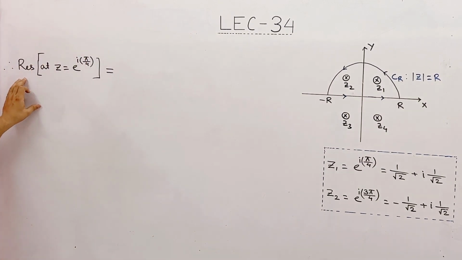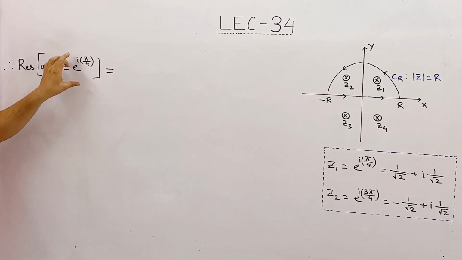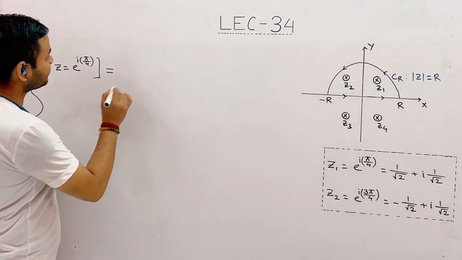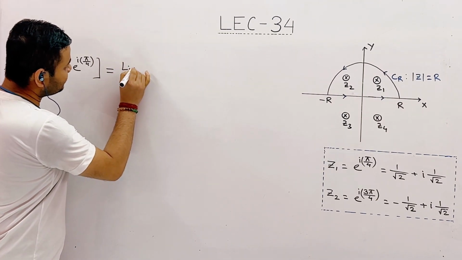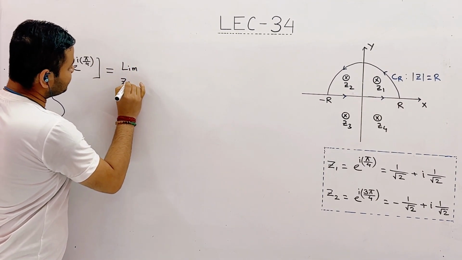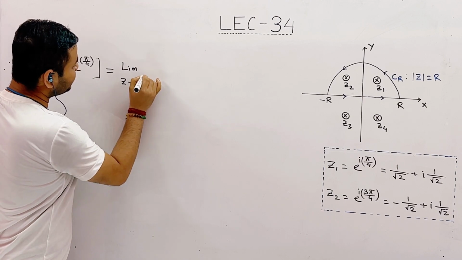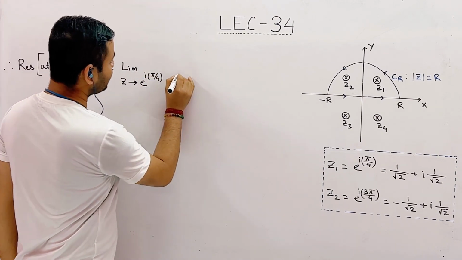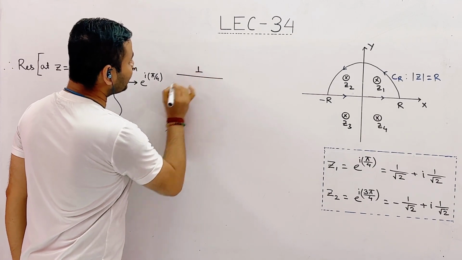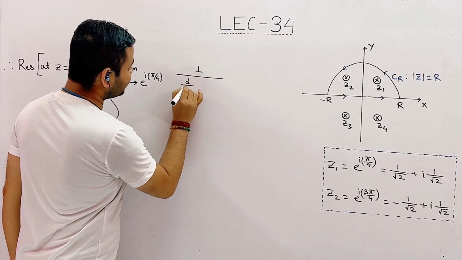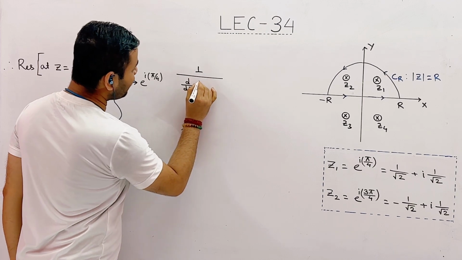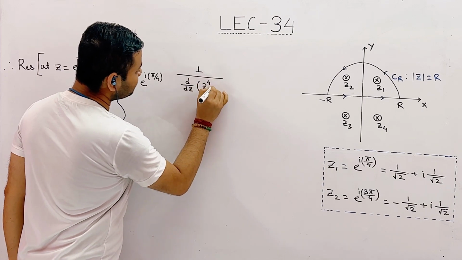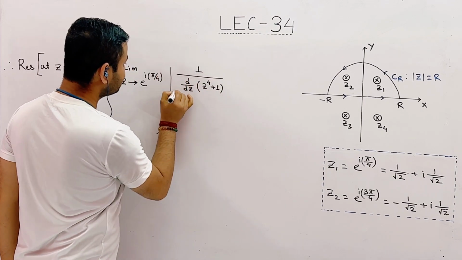So, the residue at z equal to e to the power iota into pi by 4 is given by limit z tends to e to the power iota into pi by 4 of 1 divided by d dz of (z to the power 4 plus 1).